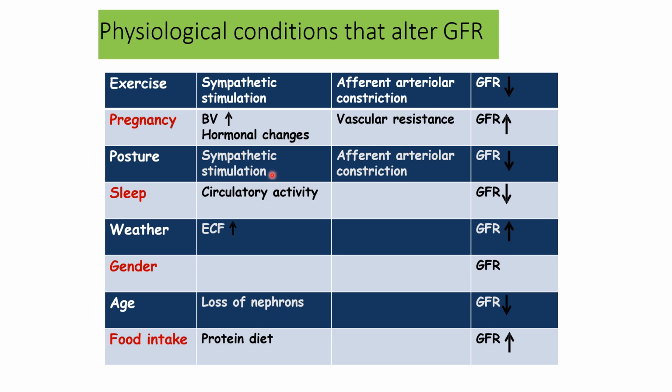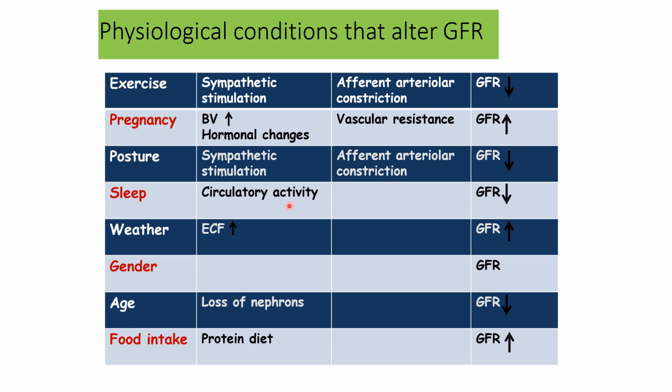And next, the applied aspects. Lastly, physiological conditions that alter GFR are exercise, which causes sympathetic stimulation, and GFR decreases. Pregnancy, because of hormonal changes and increased blood volume, vascular resistance changes occur and GFR increases. And posture, again because of sympathetic stimulation, GFR decreases.